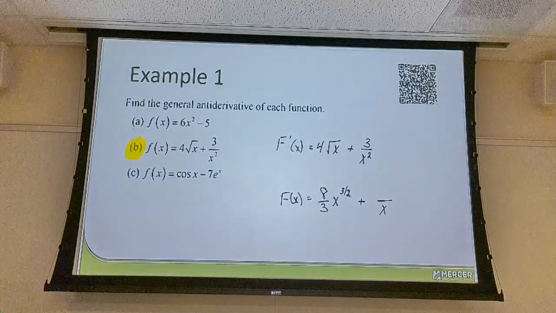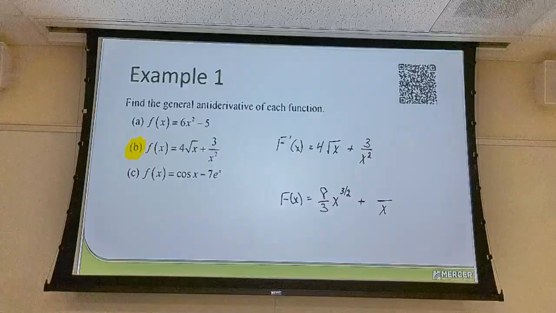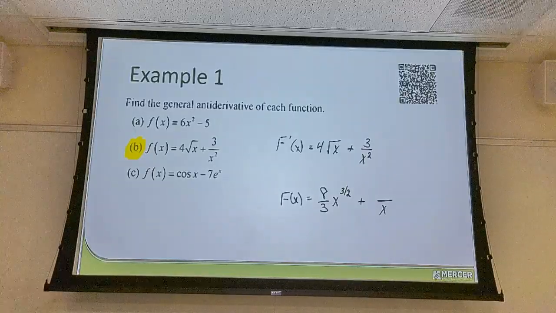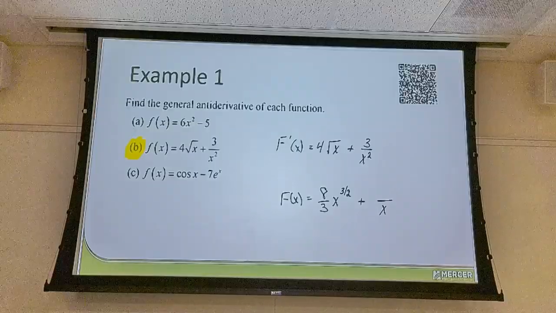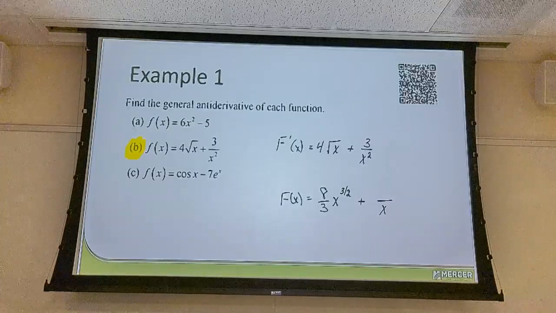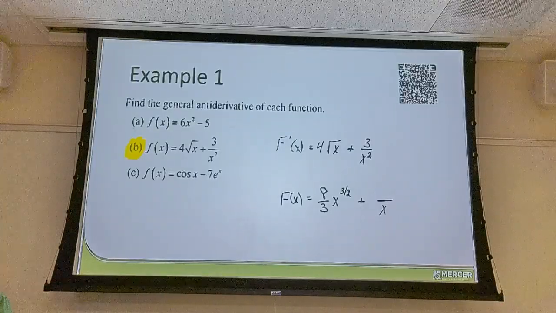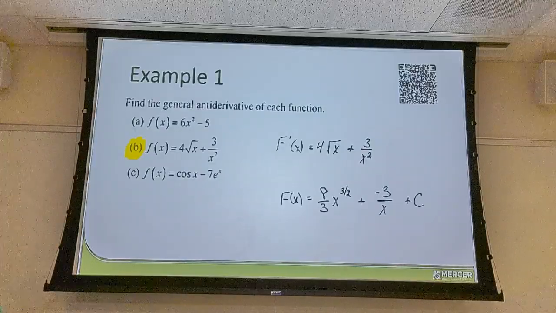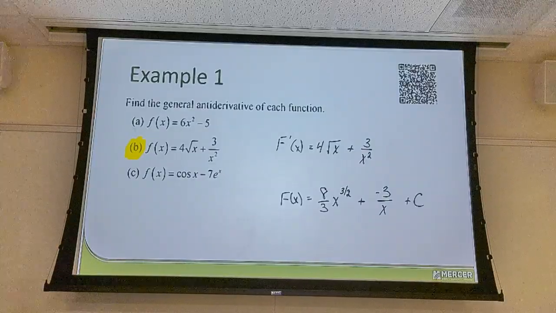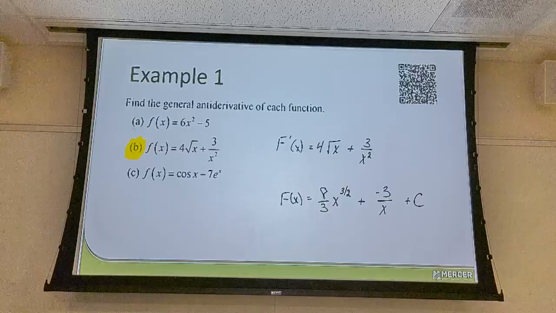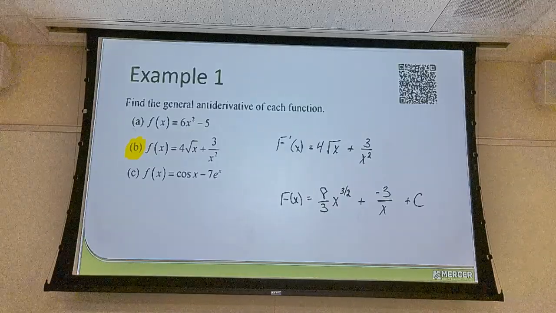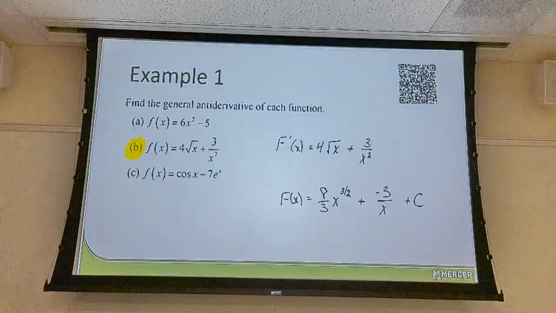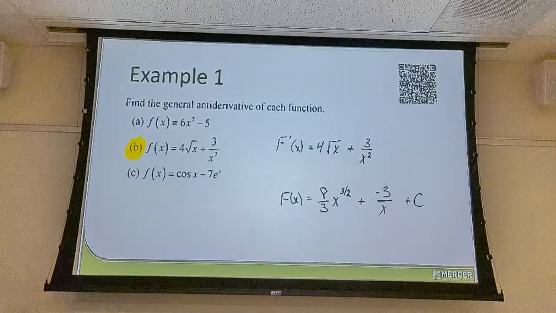What do you have to multiply -1 by to get 3? Now just add your constant at the end. There's your antiderivative. And again, just check it: take the derivative, make sure you get back to 4 root x plus 3 over x squared.